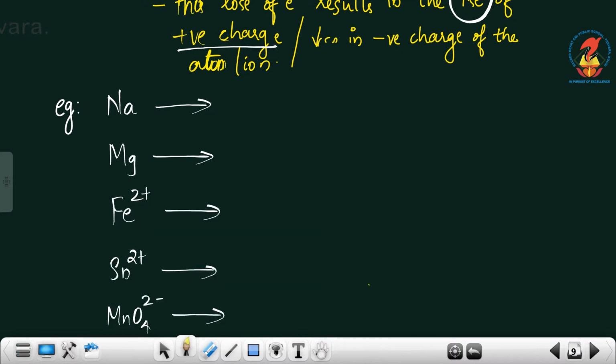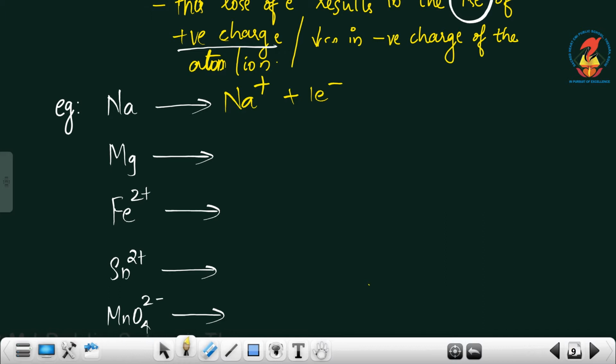Sodium metal, if it is losing 1 electron, all the losing of electron we represent on the right hand side of the arrow. So, sodium metal after losing 1 electron, what happens? Sodium metal is neutral, 0 charge. So, after losing 1 electron, it will become Na+. That means there is an increase in 1 positive charge.